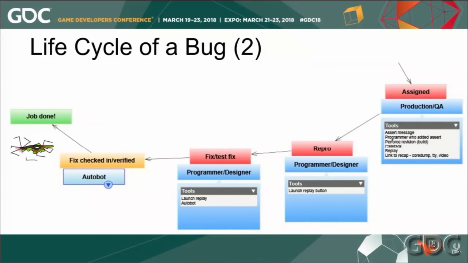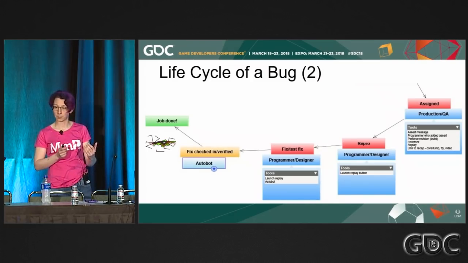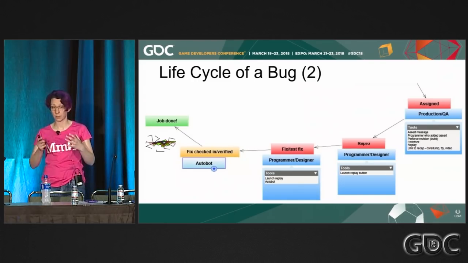Then, when the bug gets assigned out by production, we've already attached all sorts of information to it to make production's life easier and to make sure that the bug goes to the right person straight away, so we don't have bugs bouncing around and not being fixed because they haven't reached the right person.